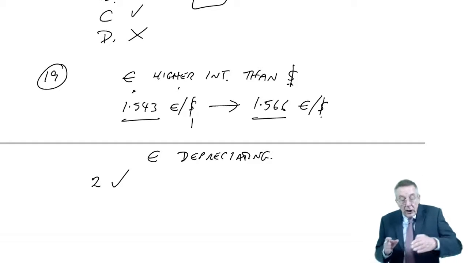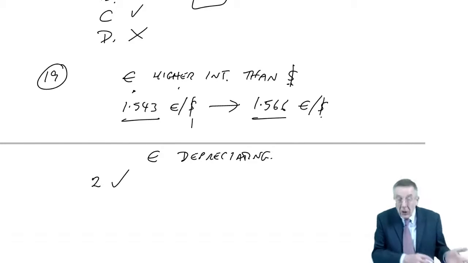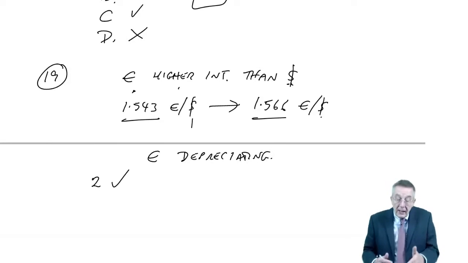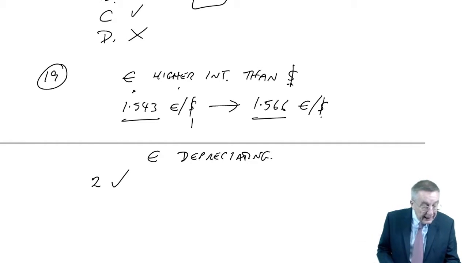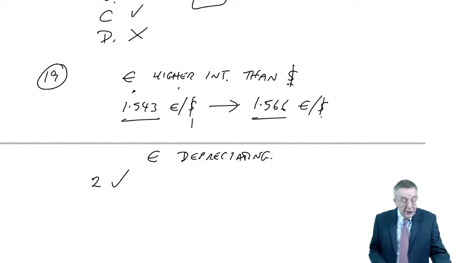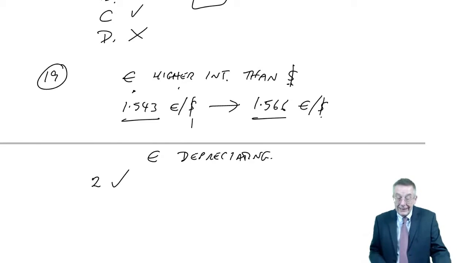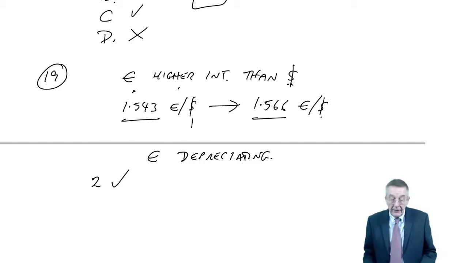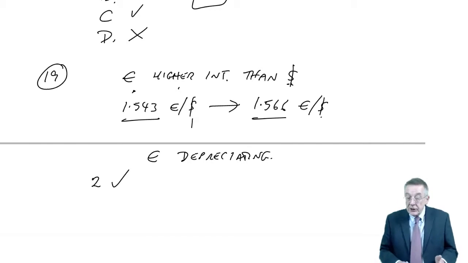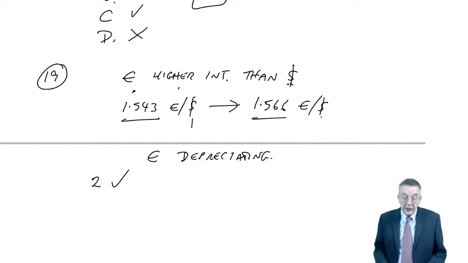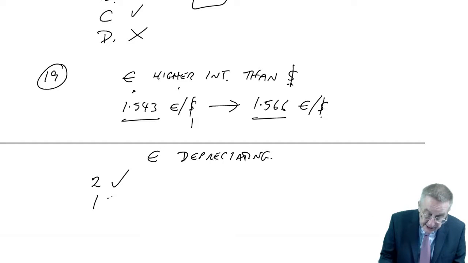So the dollar having lower inflation, or the euro having higher inflation, would lead to depreciating. And what does it say? The dollar inflation rate is higher, greater than the euro inflation rate. Well, it's the wrong way around. We need the euro inflation to be higher than the dollar inflation to depreciate. So 1 is not true.